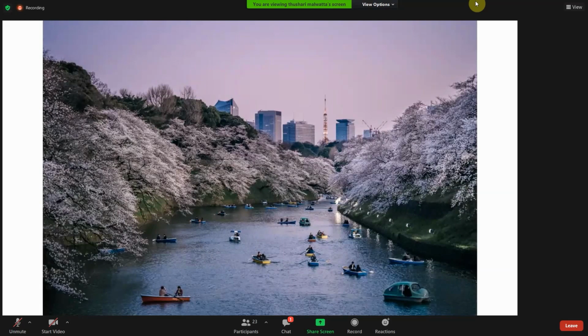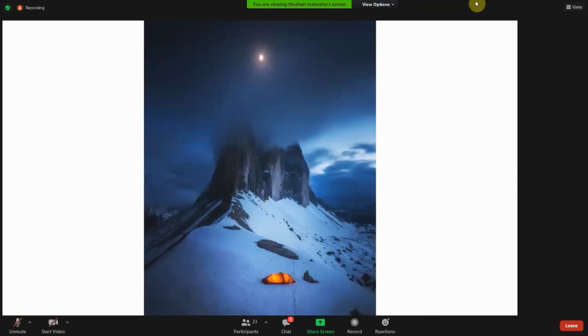Here, scale has been used. The boats are small and it is focused on the landscape. And you feel that these flower trees are huge. Here, the tent is very small.